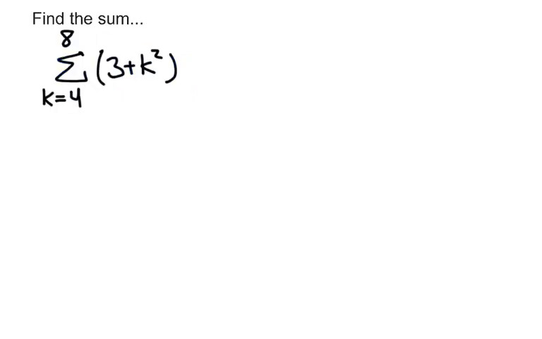Okay? So if we wanted to find the sum of the function 3 plus k squared, starting at k equals 4 and going up to k equals 8, this is how we'd have to do it. The first thing we do is we plug 4 into our function, so 3 plus 4 squared. Then we're going to move up to 5, 3 plus 5 squared.